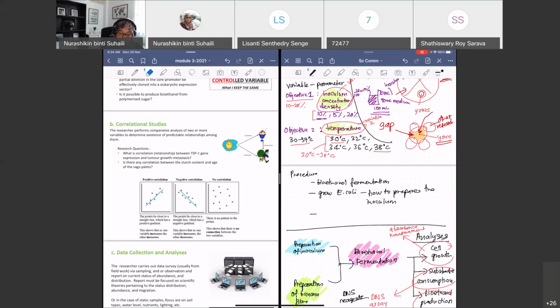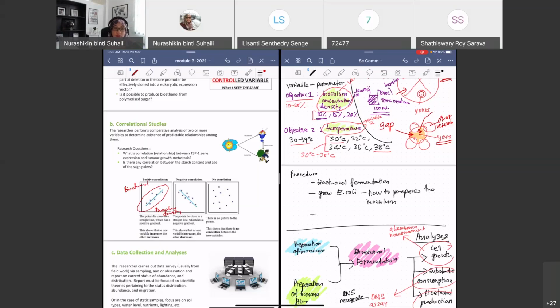Let's say this is inoculum density and this is bioethanol production. What is represented by the positive correlation is that you increase the inoculum density and you get high bioethanol production.